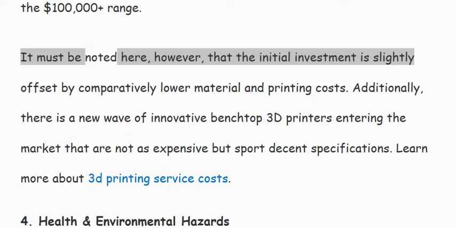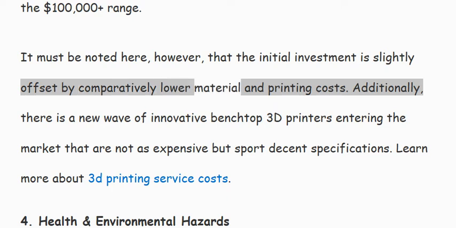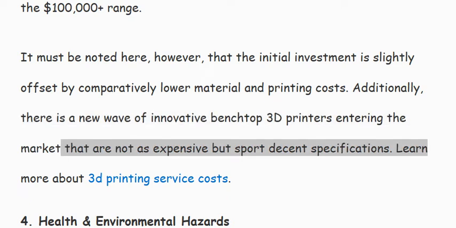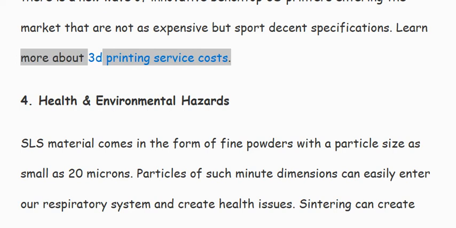It must be noted here, however, that the initial investment is slightly offset by comparatively lower material and printing costs. Additionally, there is a new wave of innovative benchtop 3D printers entering the market that are not as expensive but sport decent specifications. Learn more about 3D printing service costs.